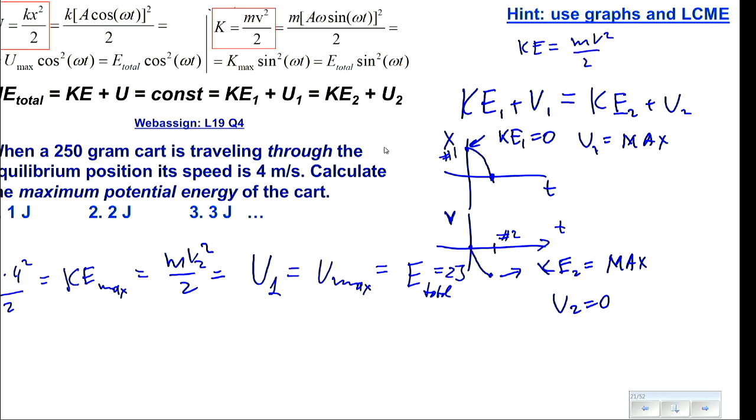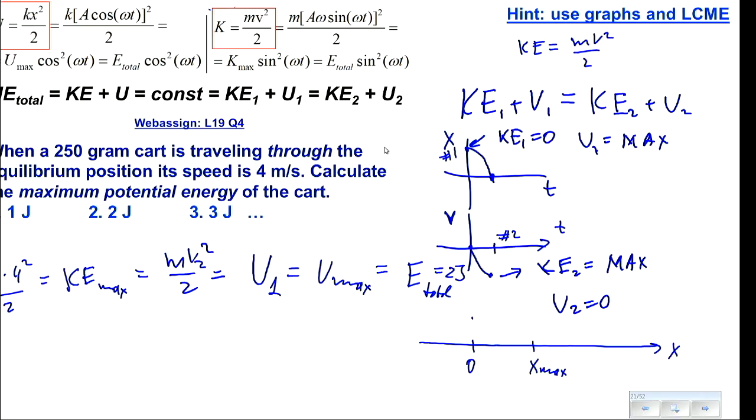These graphs, so one is a graph for position, second is a graph for velocity. But these graphs describe what is happening with time. So if I want to describe what is happening with x, I need a ruler. And on the ruler, that's equilibrium. And this is, let's say, x max.